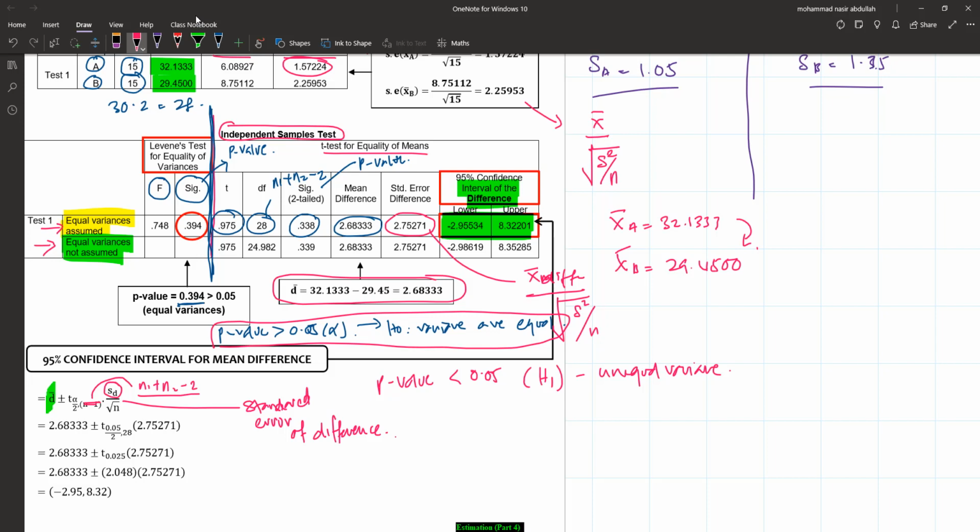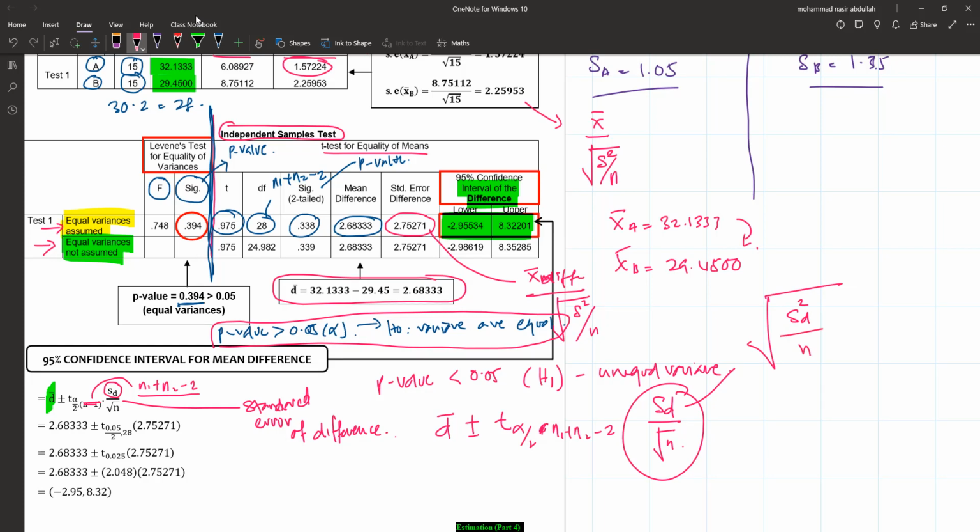So the confidence interval for the mean difference, when you have two independent samples, is mean difference plus minus t alpha divided by 2, and the degree of freedom is n1 plus n2 minus 2. Standard deviation of the difference divided by square root of n, or the same thing, square root of variance of the difference divided by n. Right, so you just plug the values into the formula.